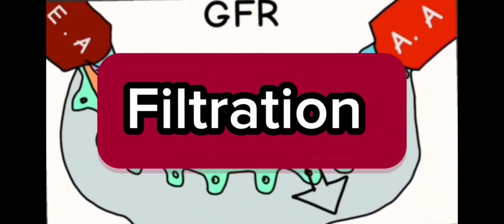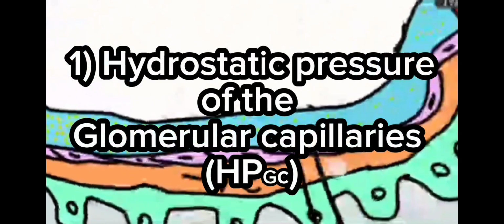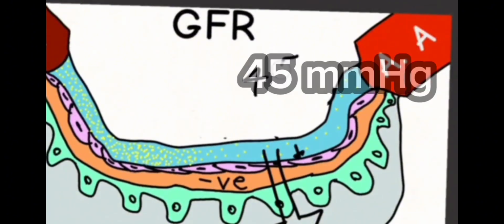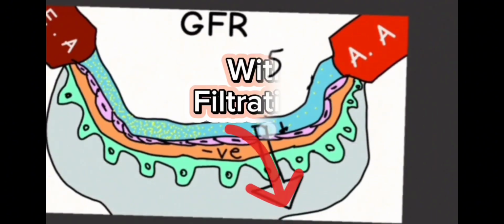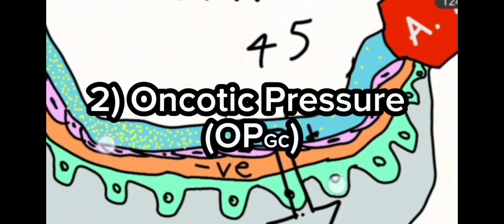Let's now put everything together and see how glomerular filtration actually happens. First, we have the hydrostatic pressure of glomerular capillaries, which is 45 mm mercury, and this one favors filtration. Next, we have the oncotic pressure.